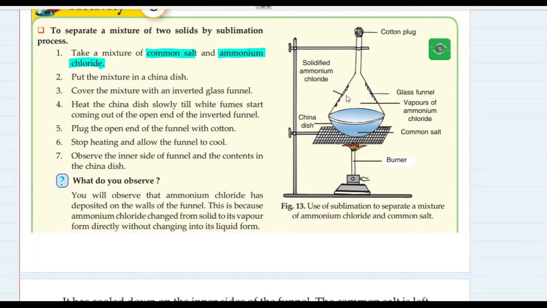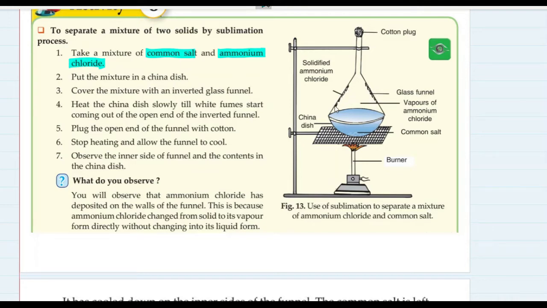The narrow end of this inverted glass funnel is closed with a cotton plug so that no ammonium chloride vapors escape out. So when you heat this china dish, all the ammonium chloride which is present gets converted into gaseous form and sticks to the walls of the container.